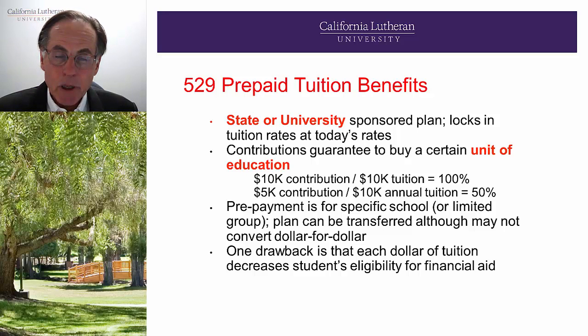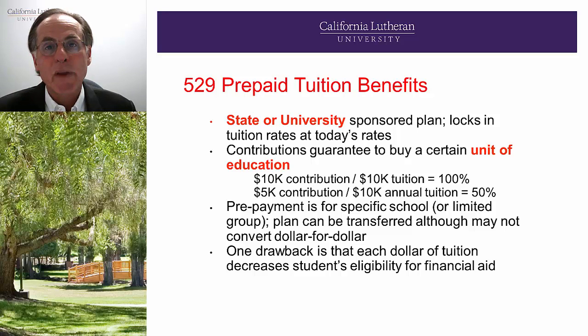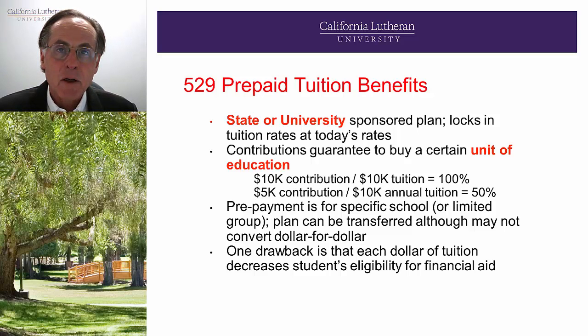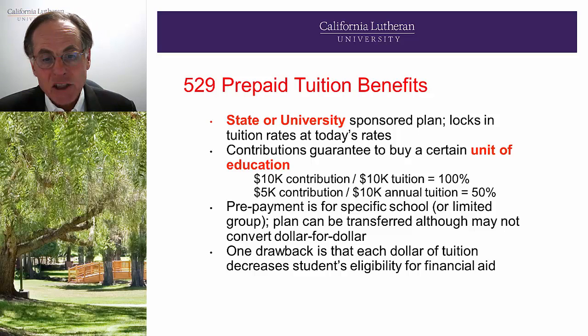For example, if the current year cost of tuition is $10,000 and you contribute $10,000 today, then you will receive 100% of annual unit, or 1 year of education down the road. On the other hand, if the college costs $20,000, you contribute the $10,000, then you receive 50% of annual unit, or 6 months worth of schooling. Do you see how the contribution buys you a unit of education in the future?